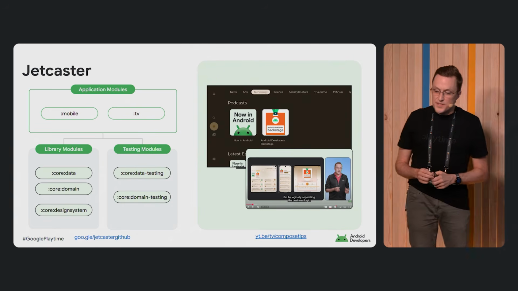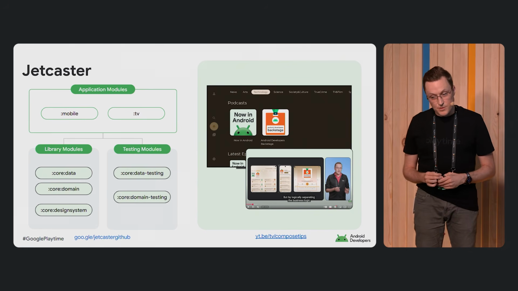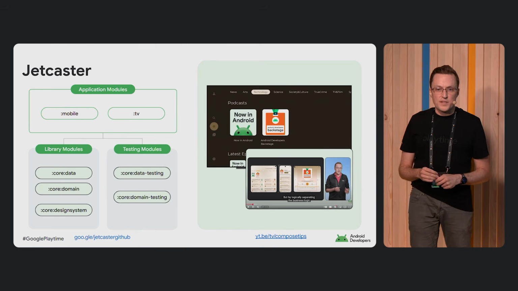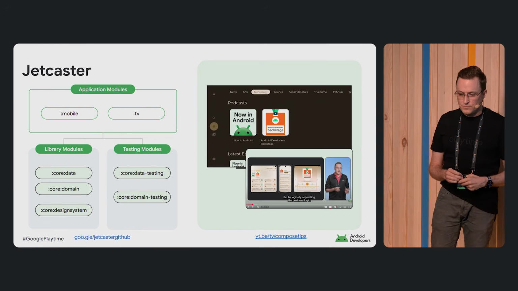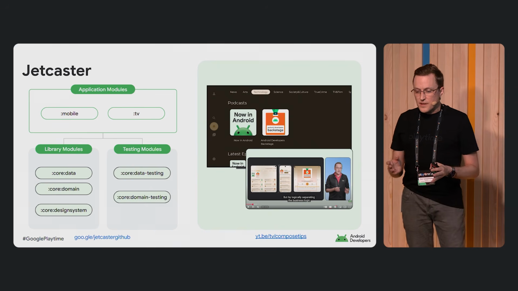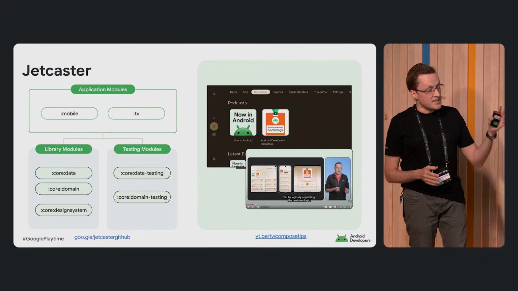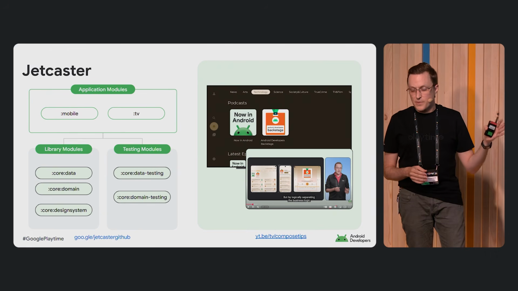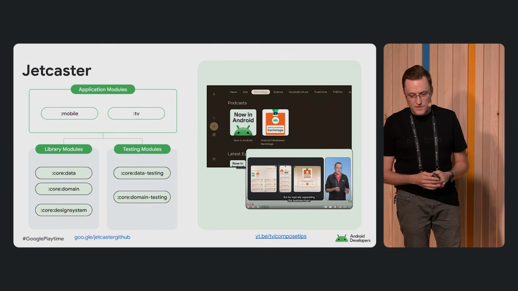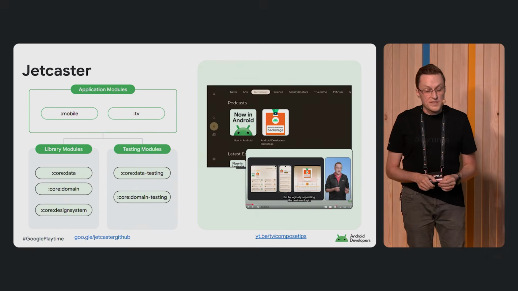While Jetstream focuses on maximizing code reuse in a single module, the Jetcaster sample demonstrates an alternative approach using a robust modular app structure. The Jetcaster uses an architectural foundation of distinct application modules. In this example, you'll see separate application modules for mobile and TV. These strictly handle platform-specific UI logic, while the shared business logic and data models exist in shared library modules.